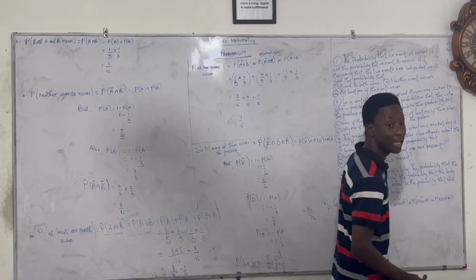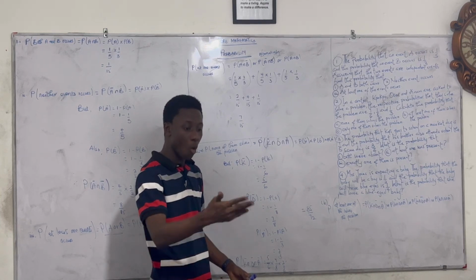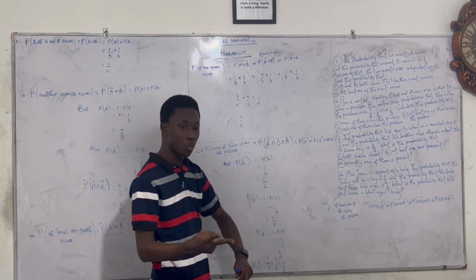Do you agree with me? Yes, at least one means one or more than one. So it could be that two people could solve.